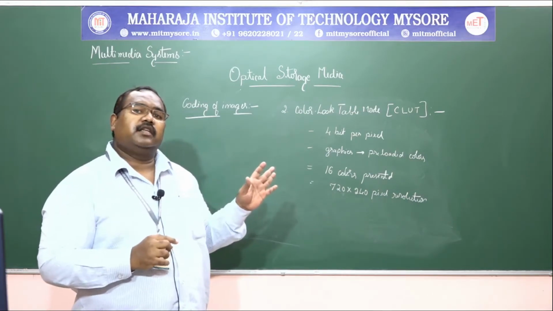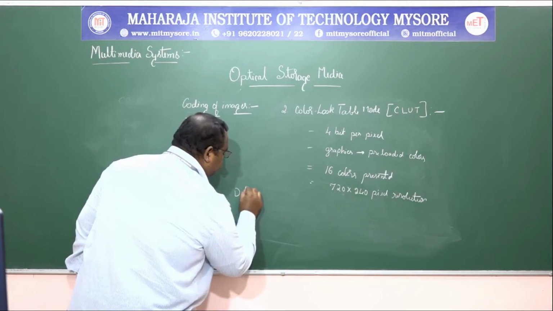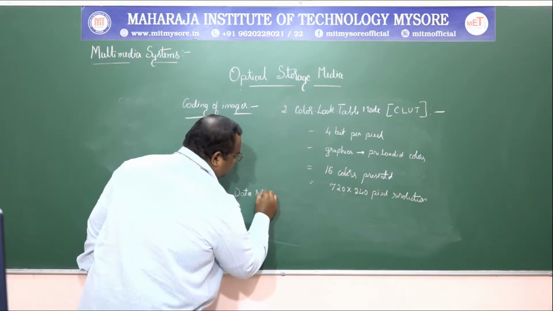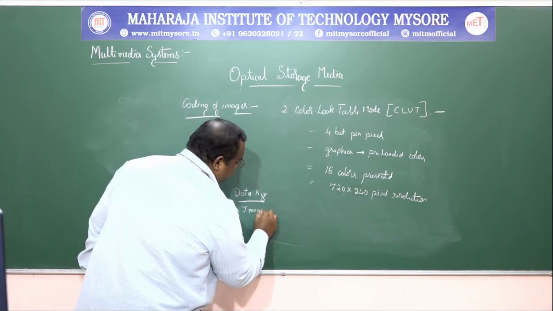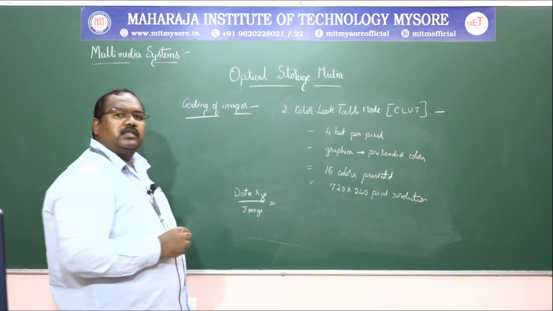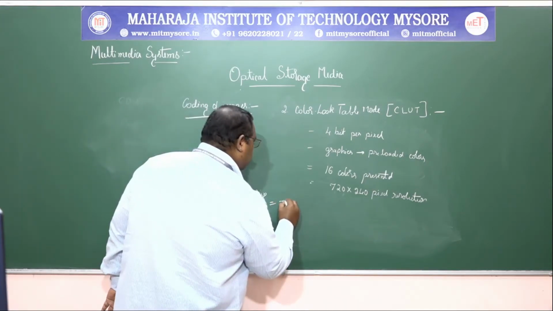Now, if this is the resolution, let us look into the data size of an image. What is the resolution? We know the resolution is 720 into 240.